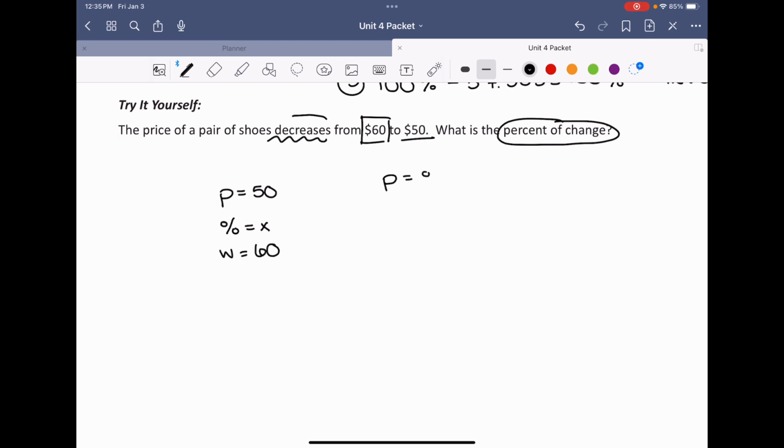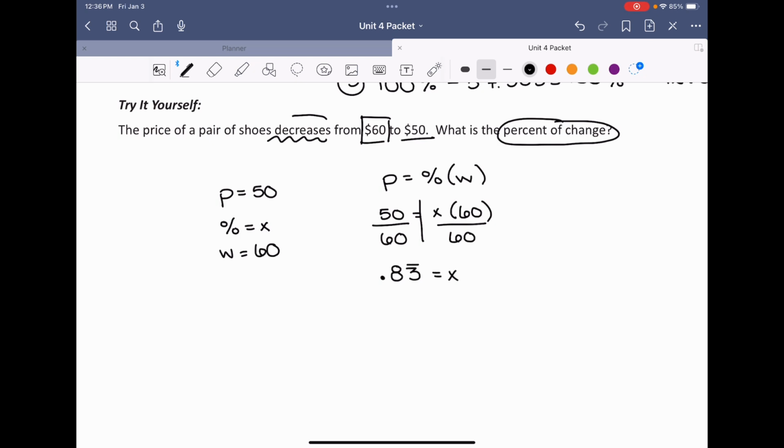So part equals percent times whole. 50 equals x times 60. And divide by 60 on both sides to get your answer. 50 divided by 60 is going to give us a repeating decimal again, but this one's a little bit nicer. It's 0.83 repeating.